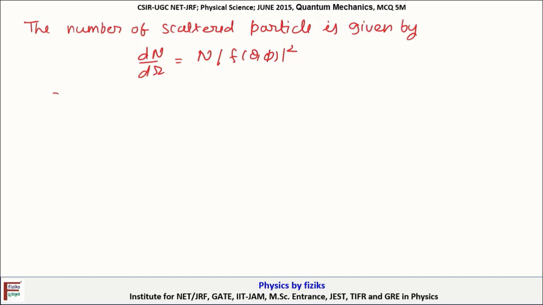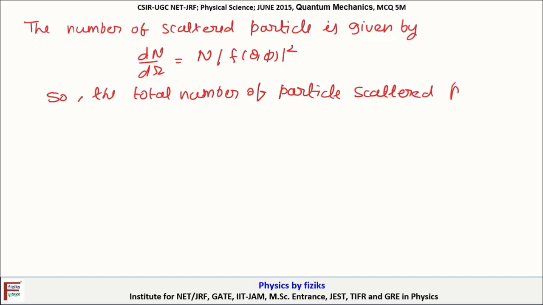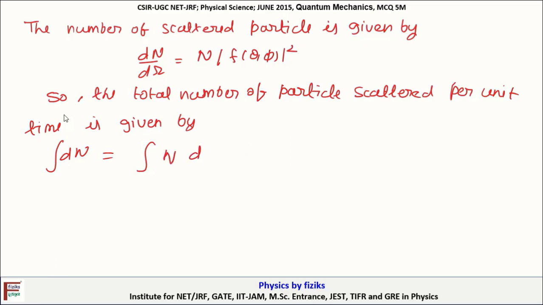So the total number of particles scattered per unit time is given by the integration of n d sigma by d omega into d omega.